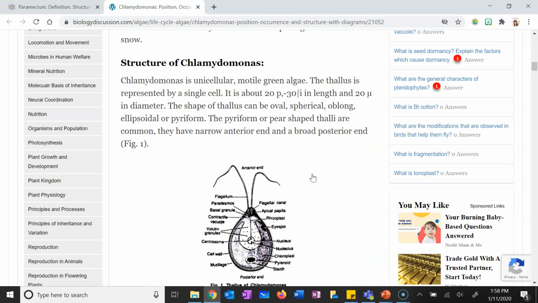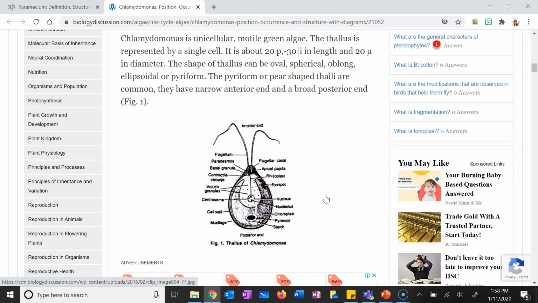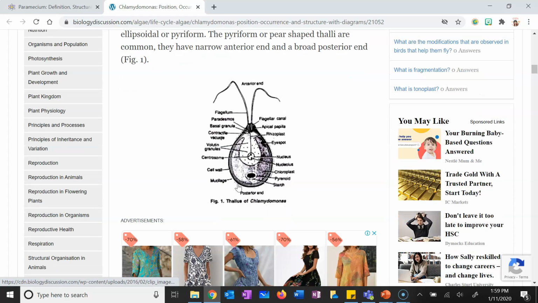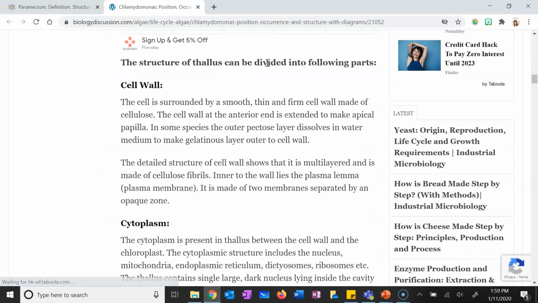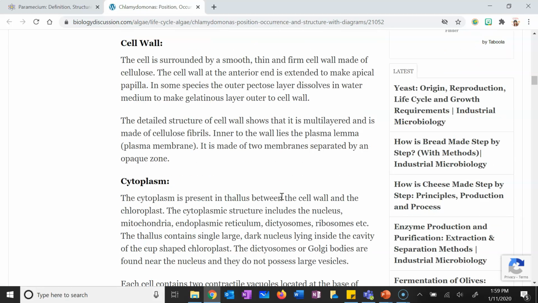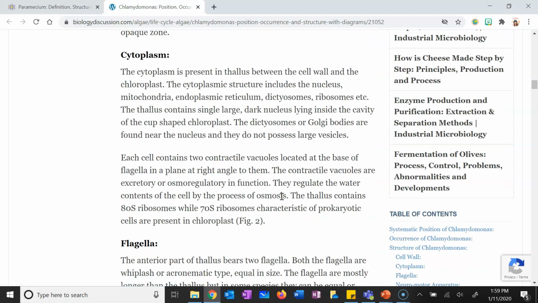Got some information about the structure. And again, some parts there you'll see that you'll quite understand, other parts would be new for you. And there we talk about the structure of them. So they have a cell wall. They have a cytoplasm.